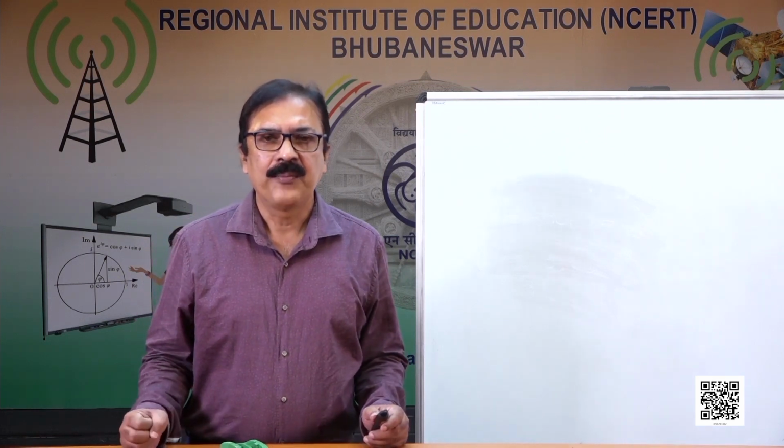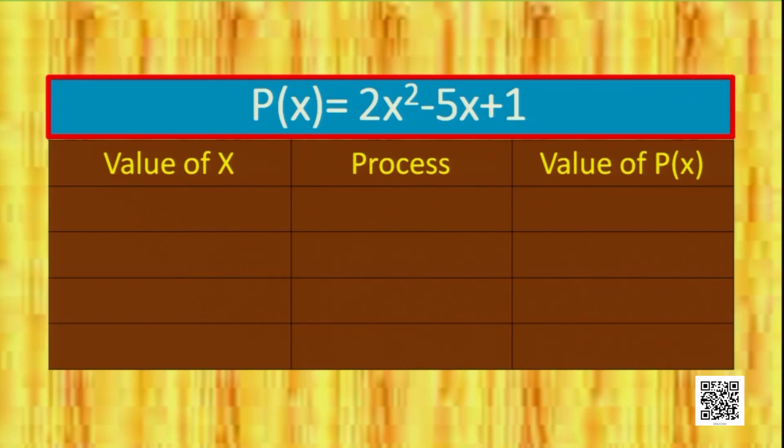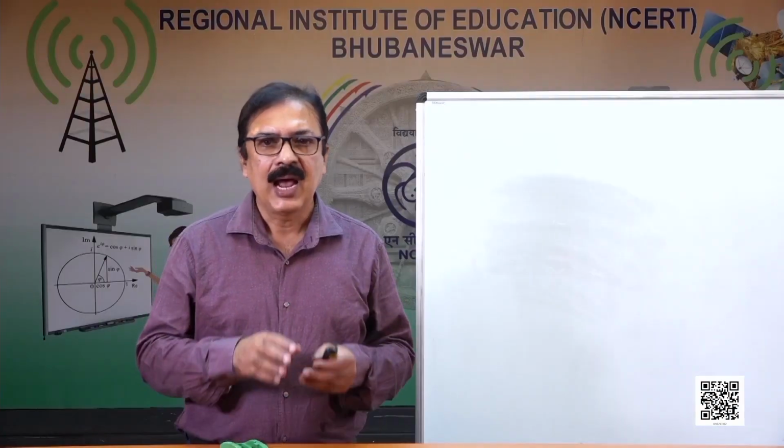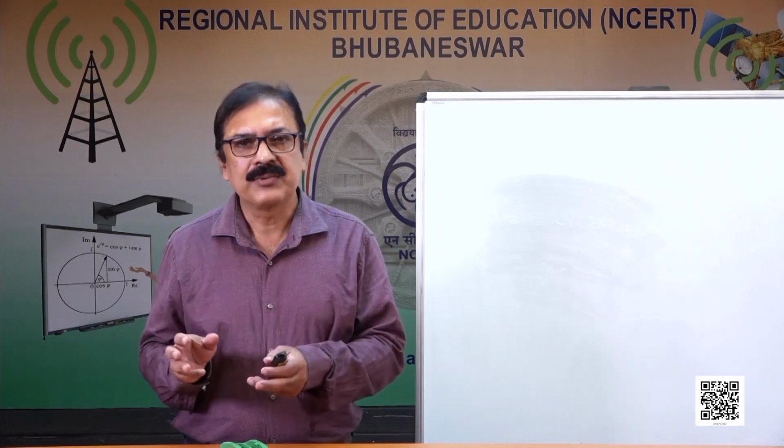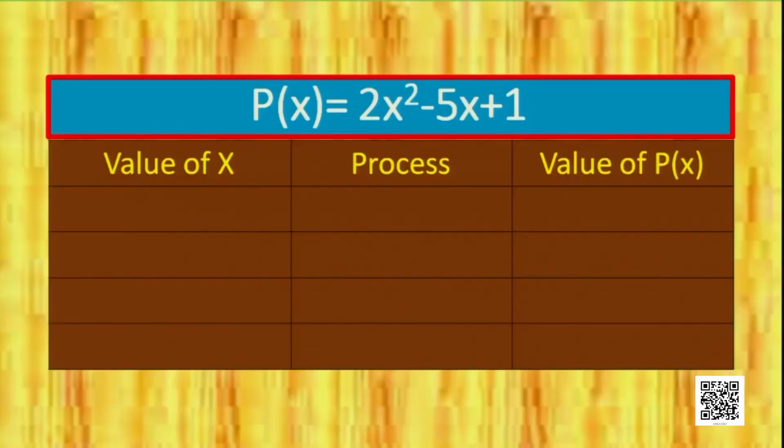Here a polynomial is given: p(x) = 2x² − 5x + 1. As discussed before, we put in some value of x, do some calculations, that is the process, and after that we get a result, which is the value of p(x).